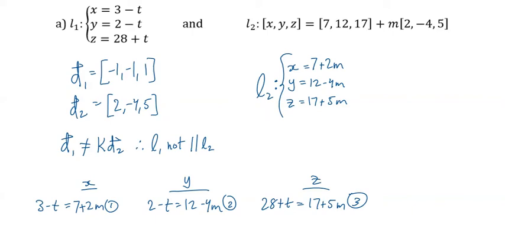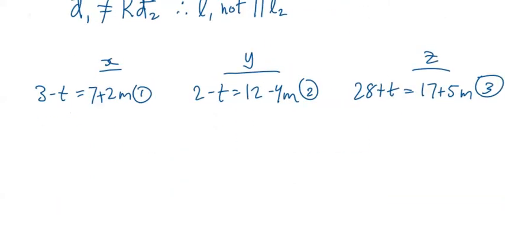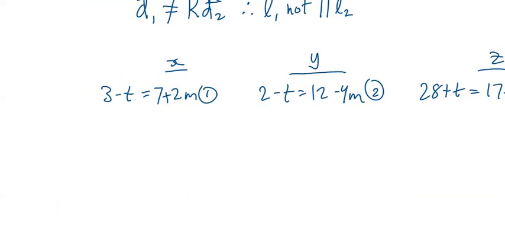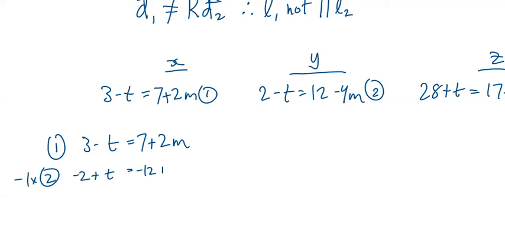I'm going to take equation 1 first, and then I'm going to go -1 times equation 2 just to flip the signs around. So -2 plus t equals -12 plus 4m. And then I'm going to add them. m equals 1.